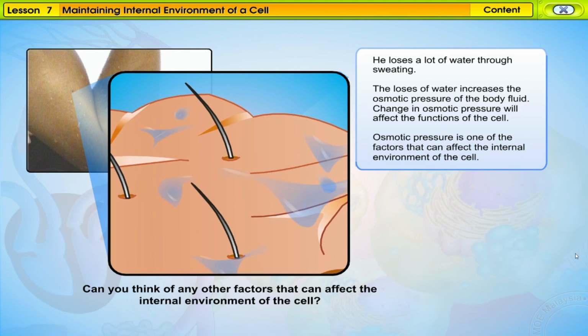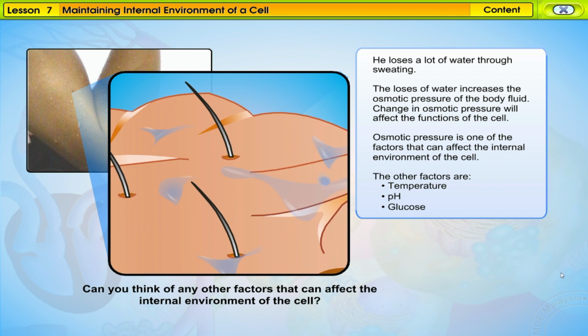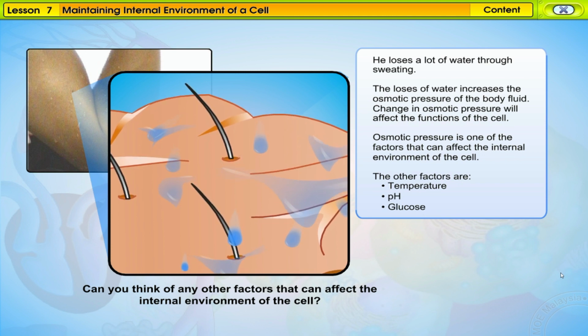Can you think of any other factors that can affect the internal environment of the cell? Temperature, pH, and glucose concentration are some of the factors that can affect the equilibrium of the internal environment of the cell.